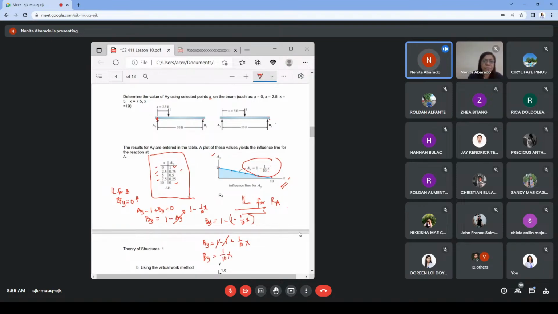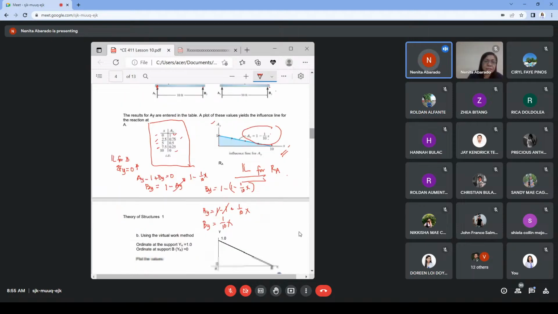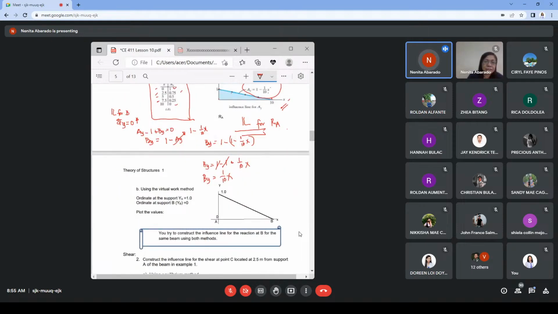If this is now your BY, you can counter-check it by getting the summation of moment at point A. You can also construct a table for B, with x and BY.